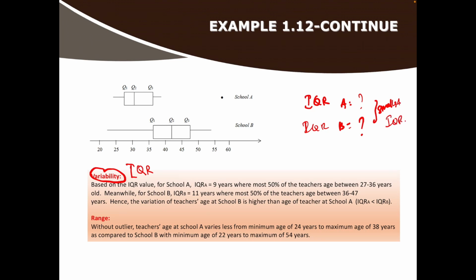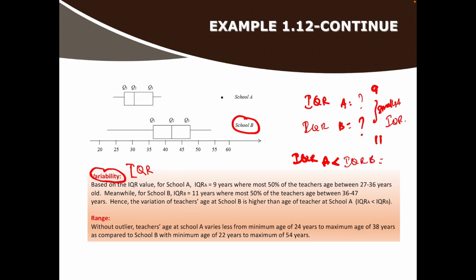Here, IQR school A is 9, IQR school B is 11. Because IQR A is less than IQR B, school A is less variable and more consistent.